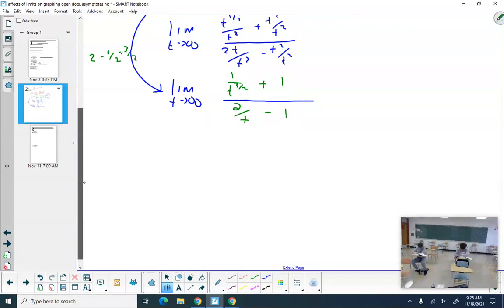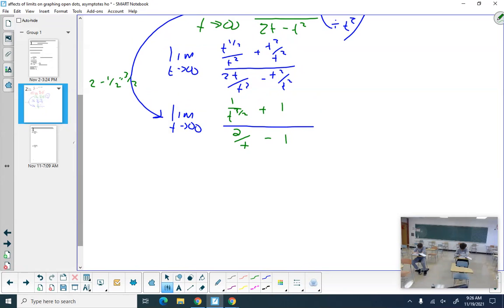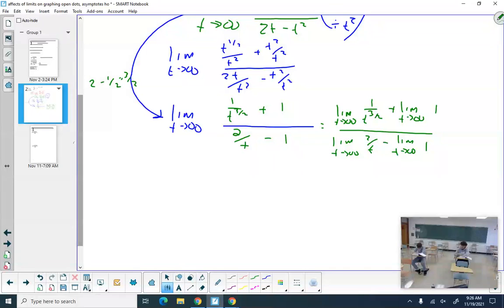As we talked about yesterday in our properties of limits, you could put the limit anywhere you want. But once again, the mental math is you're going to take the limit of each one of these terms here. So mentally, you're taking the limit of each one of these terms.